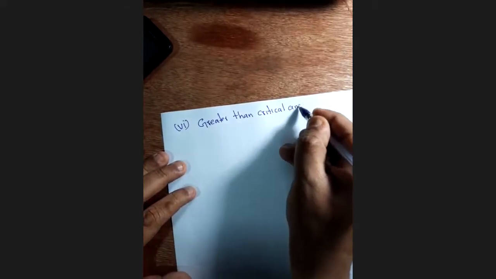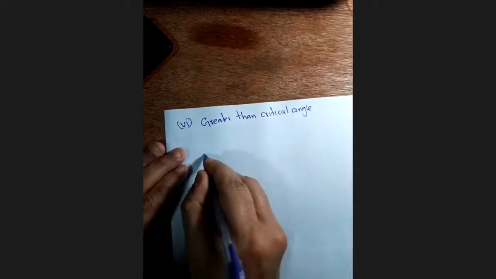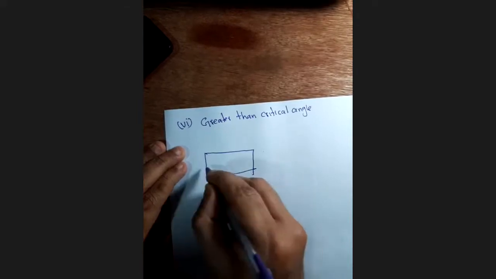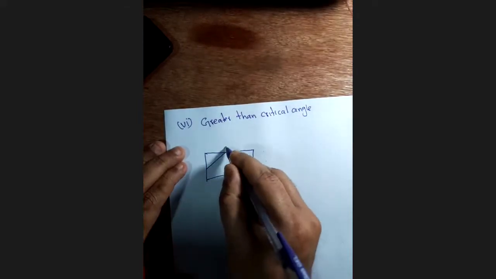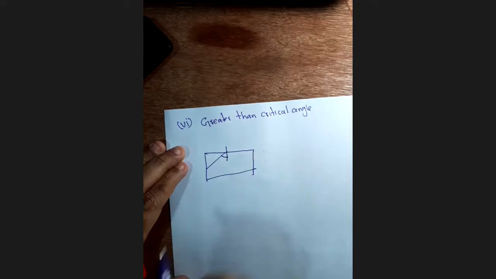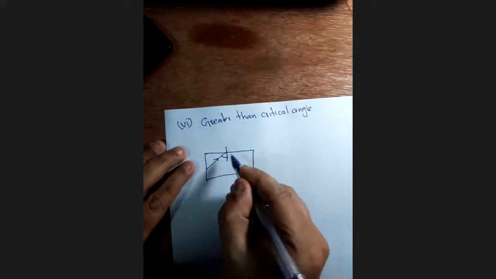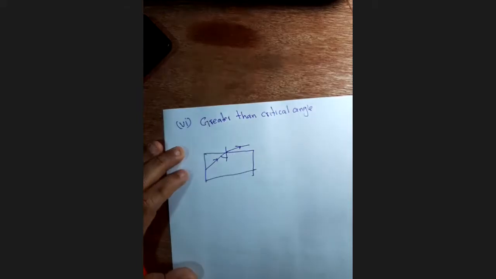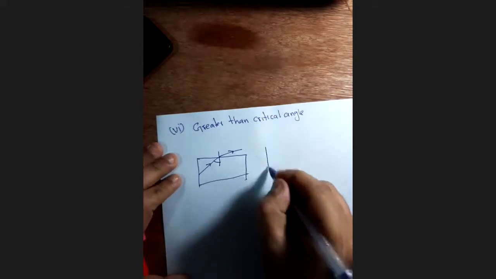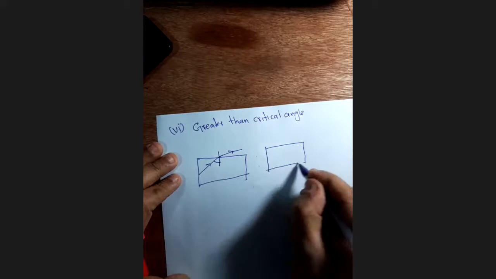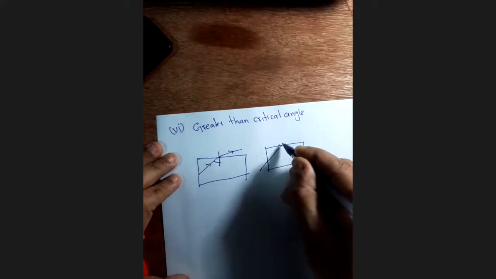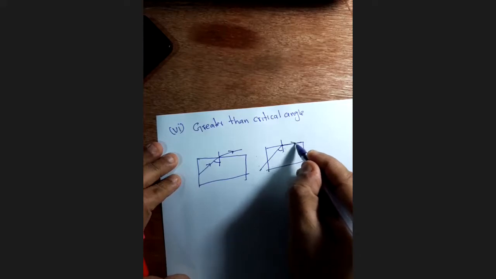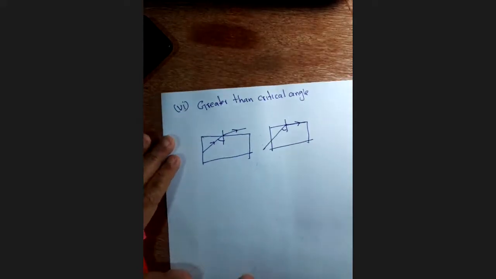You have to know that if this angle is less than the critical angle, the ray will go out like this. If this angle is equal to the critical angle, it will go along the surface.